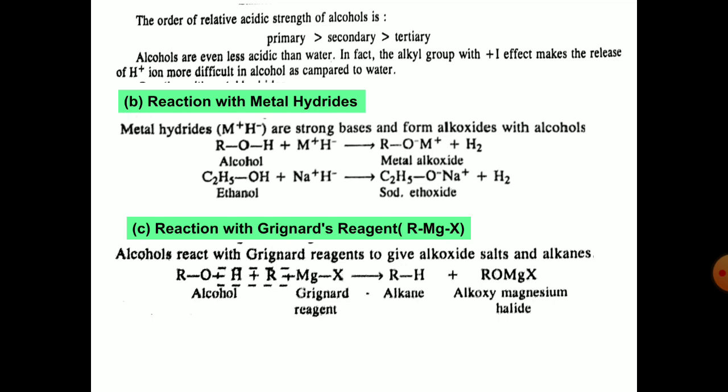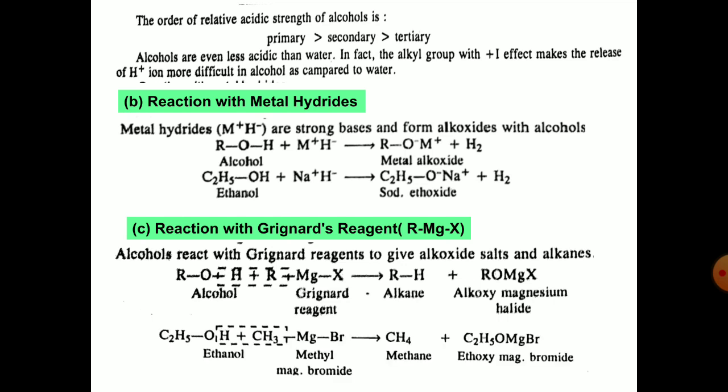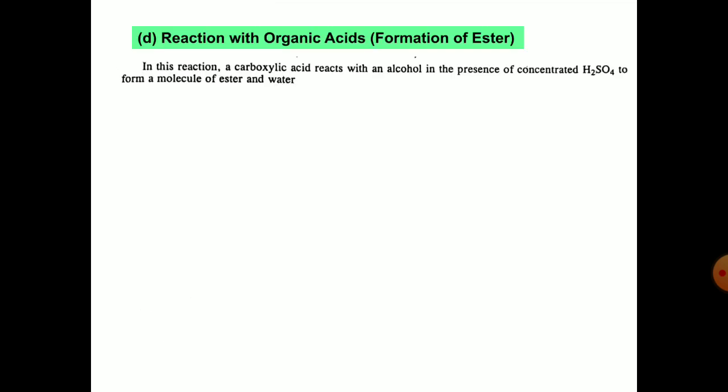So ROMgX is the other product formed. Here I am taking ethanol as the example, plus methyl magnesium bromide. The H of ethanol and the CH3 of methyl magnesium bromide combine together to form CH4, and C2H5OMgBr is the side product. So methane is the main product, which is formed during the reaction with methyl magnesium bromide.